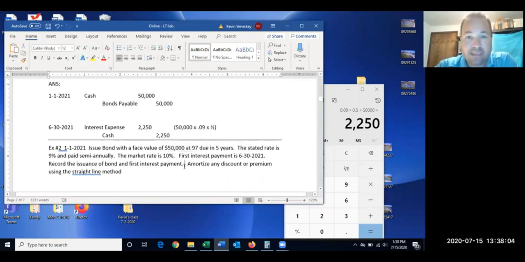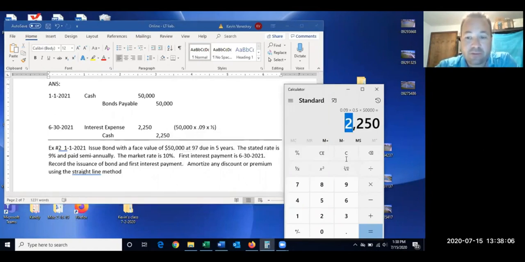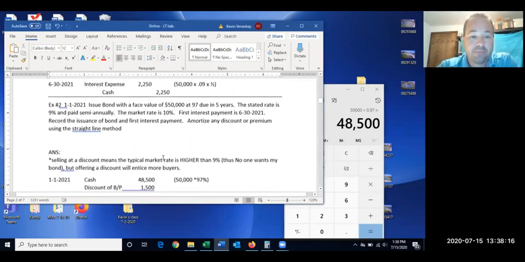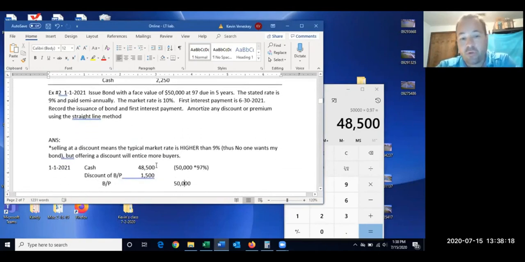The bond sells for 97% of 50,000. So if we take 50,000 times 97%, we get 48,500. So when I issue the bond, I'm going to show that I have cash coming in of 48,500. Now the bond shows that I will pay it off at 50,000.